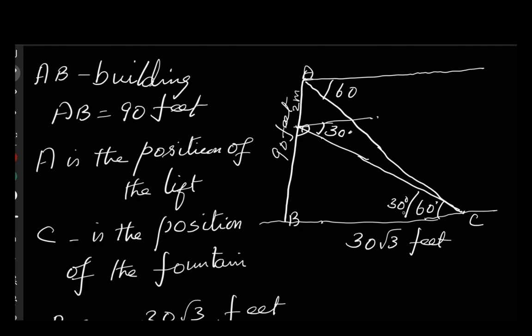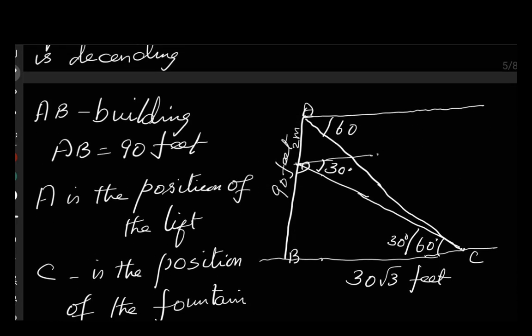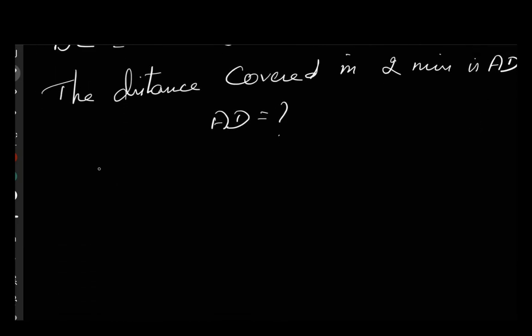So don't take this bigger triangle. Take the smaller triangle making an angle of 30 degrees, triangle DBC. Let me take triangle DBC alone.